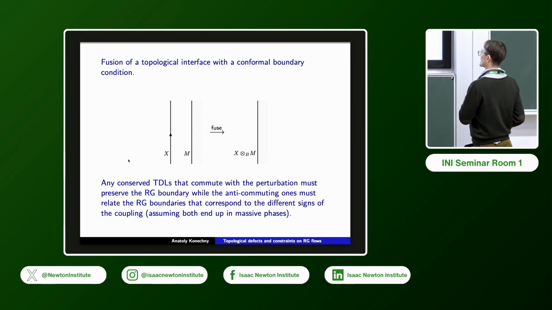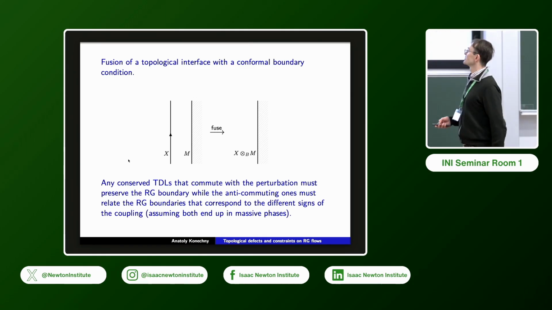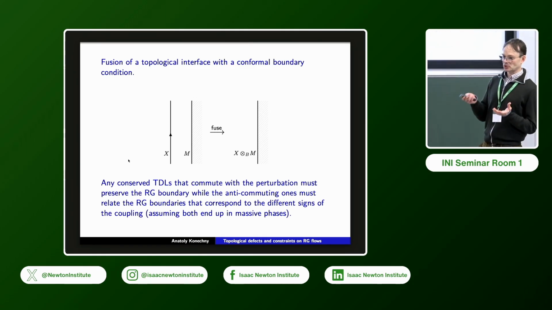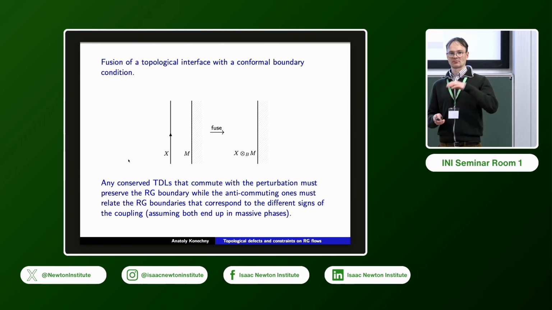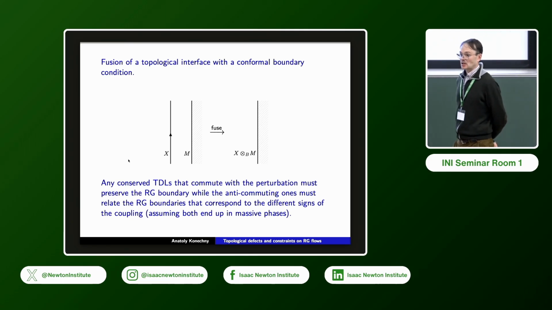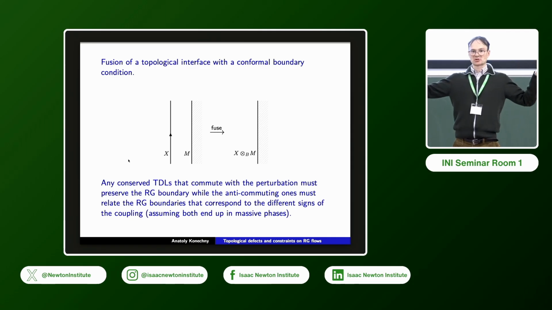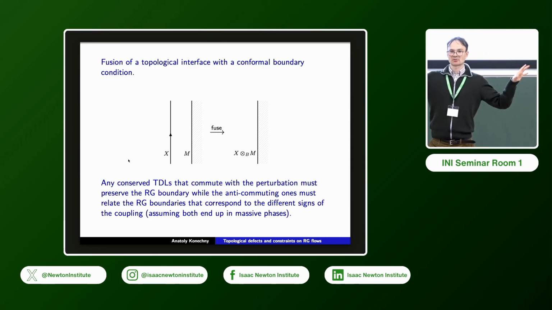So now we can formulate what our expectations are in the infrared. If you switch on just one coupling, you can flow in two different directions, positive or negative coupling. If both phases are massive, then there should be some conformal boundary states corresponding to them, possibly degenerate if there is spontaneous symmetry breaking.